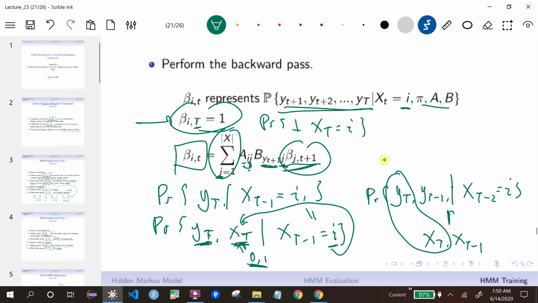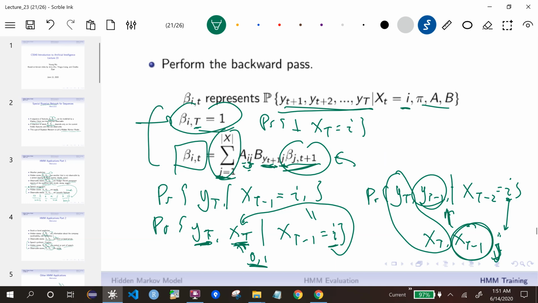We know that probability, so we just need to add the probability of this happening and sum up all possible ones of these. These are basically the j's now, and we want to transition from i to j here. Similarly, given the state j, we want to figure out the probability of, say, y_{T-1}. I may not be that clear, but if you clean up the algebra, you can see why these recursive formulas would work.